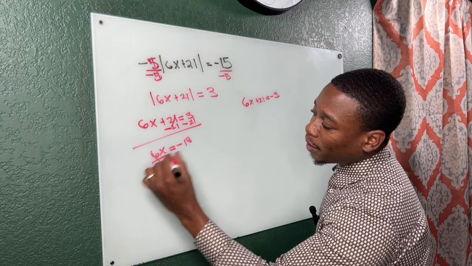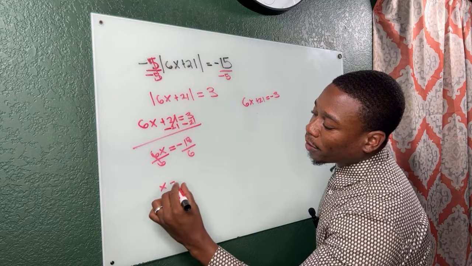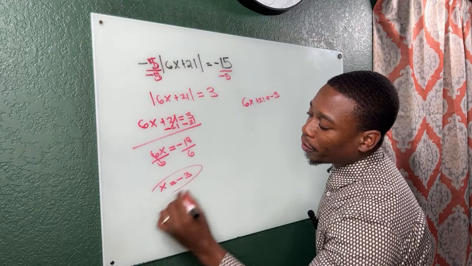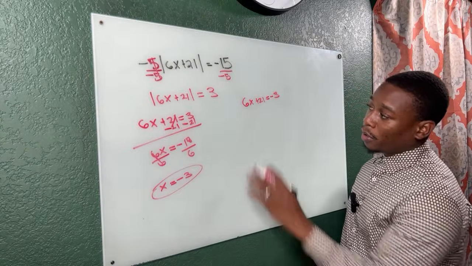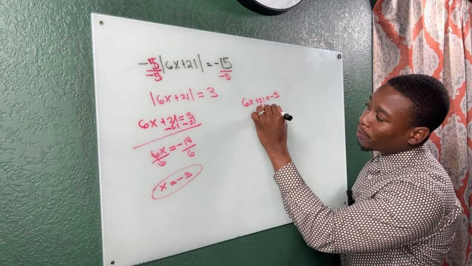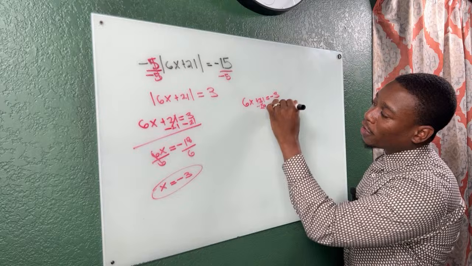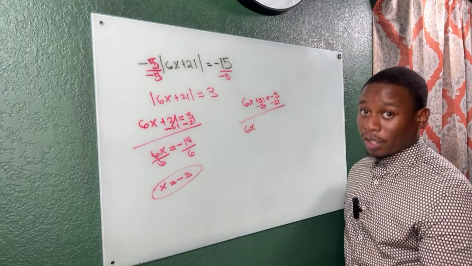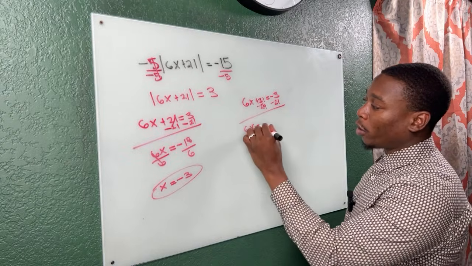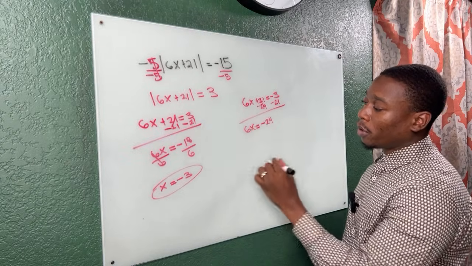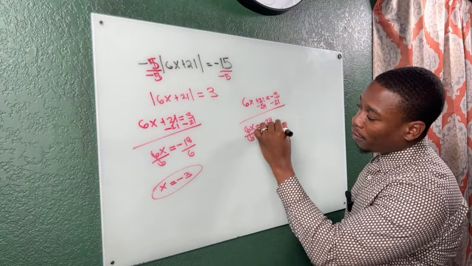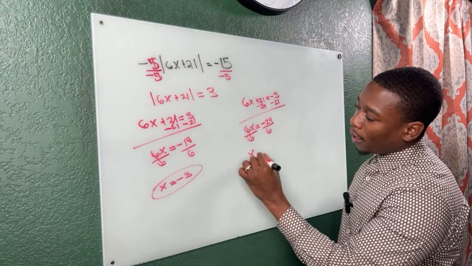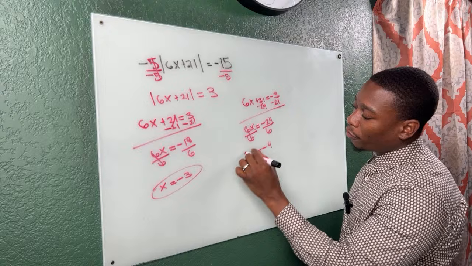I divide by 6, x is equal to -3. First answer. Second one is the same exact steps. The only difference is 3 is negative. So when we combine, it's going to be a different way we combine it. We're going to get -24. Divide by 6 again. X is equal to -4.